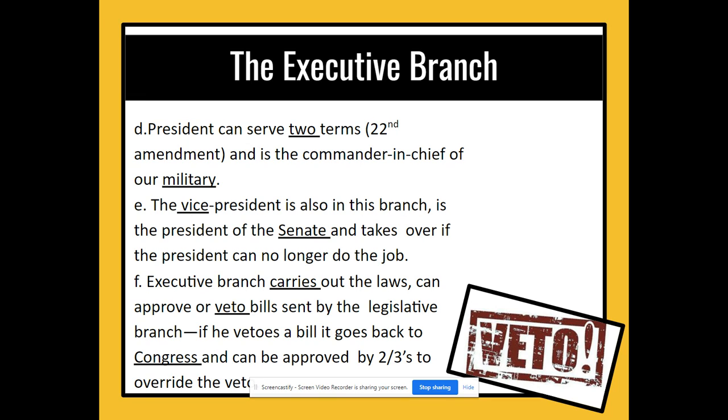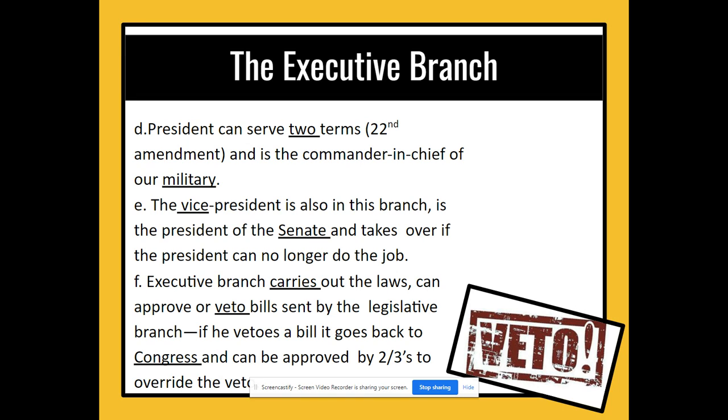The vice president is also in this branch. If the president were no longer able to do their job, the vice president would take over. The vice president is also the president of the Senate and would help delegate things that are going on within the Senate. The executive branch carries out the laws. They can also approve or veto bills that are sent by the legislative branch.